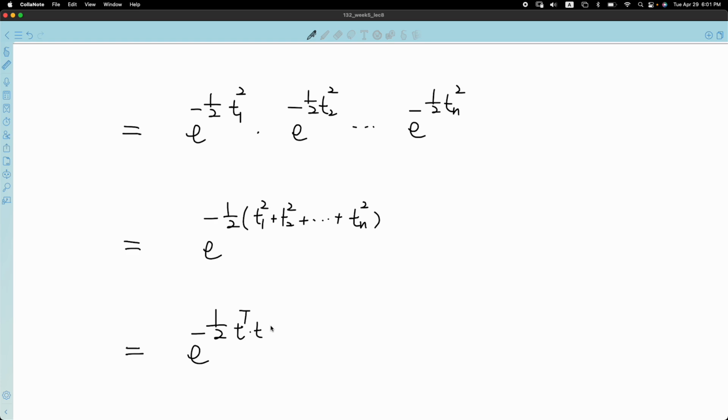That's the main difference. So when you have lots of summation, that's a vector multiplication. Just to remind you, this is the MGF for Z that follows a multivariate n dimension normal, 0 and identity matrix. Any question regarding the moment generating function for the multivariate standard normal?